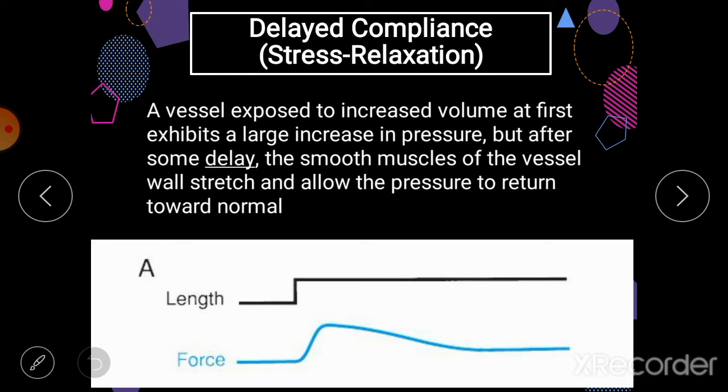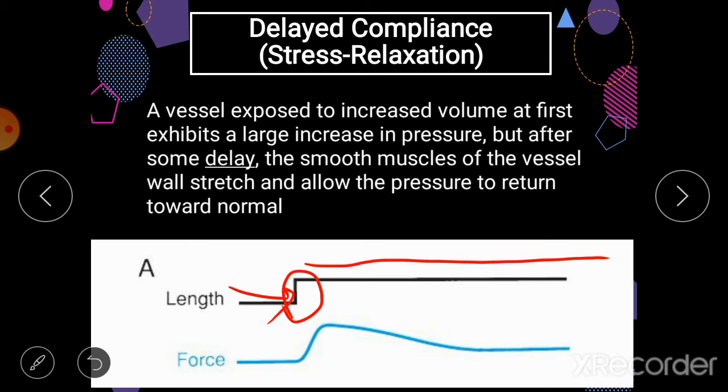Now, if you inject more blood within this vessel, you will see that this additional blood causes the vessel wall to stretch, which can be seen by this hike or upward movement of the graph over here. And if this blood is allowed to stay within this vessel, this sustained stretch can be seen with this straight line.